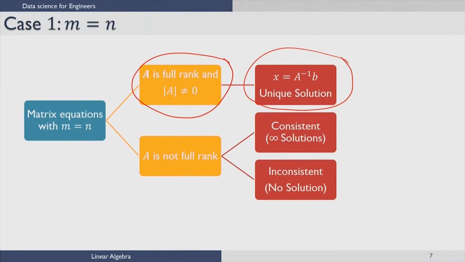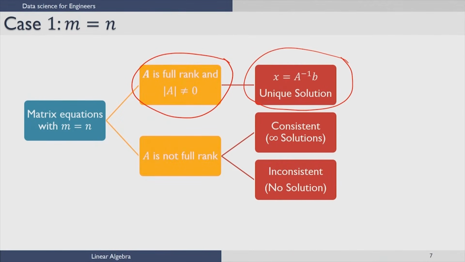In this case, what it means is, if I take the left hand side of the equation Ax equal to b and make some linear combinations of some rows of A, at least one of the rows of A is going to be a linear combination of the other rows of A. That is the reason why the rank of the matrix became less than m. In this case, depending on what the values are on the right hand side, you could have two situations.